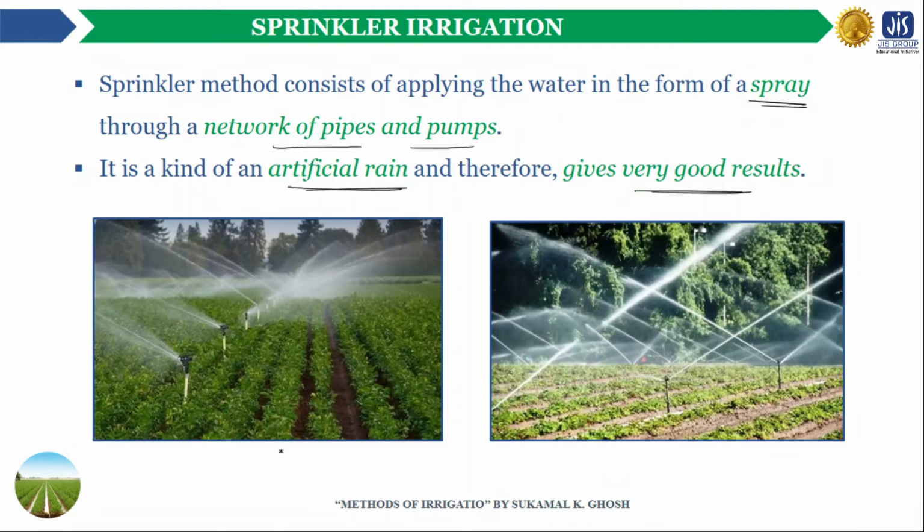Sometimes it is also known as overhead irrigation. You may observe in these pictures that water is sprayed onto the agricultural field using the various network of pipes, nozzles, pumps, etc.